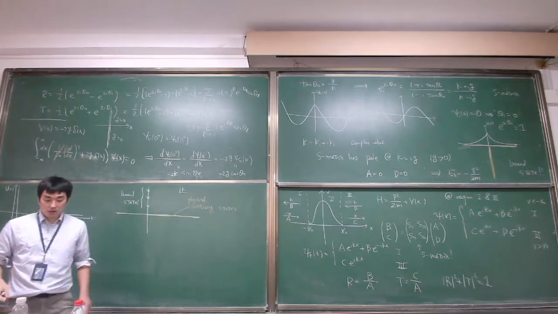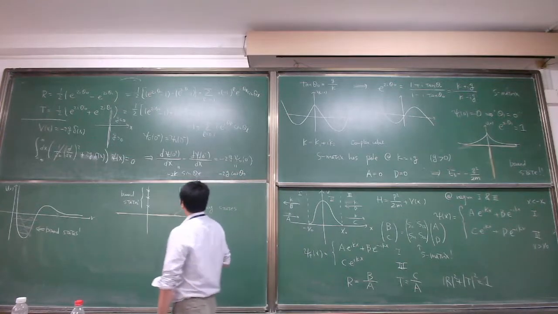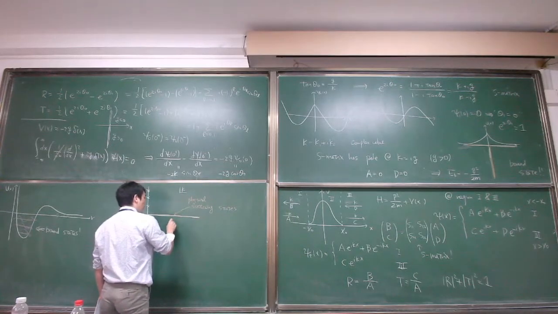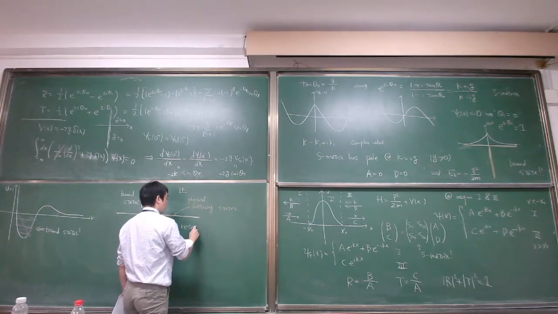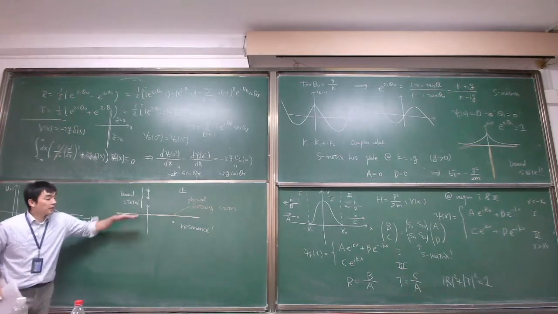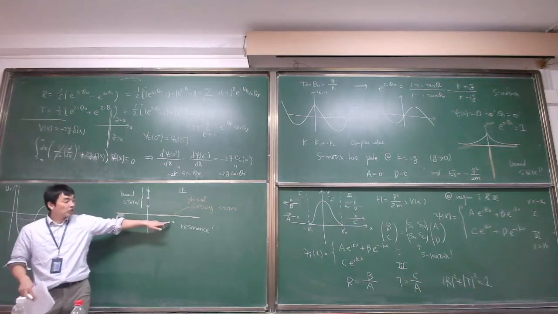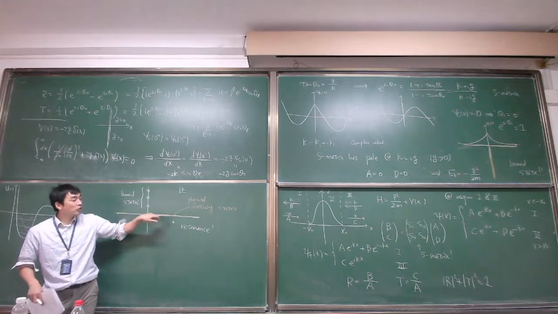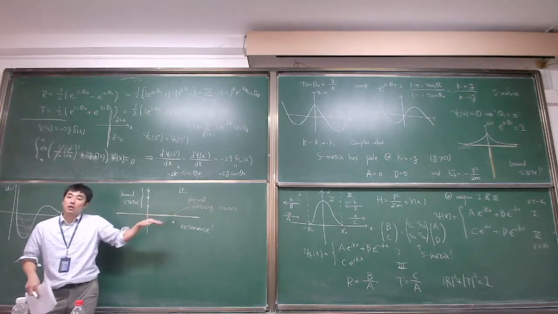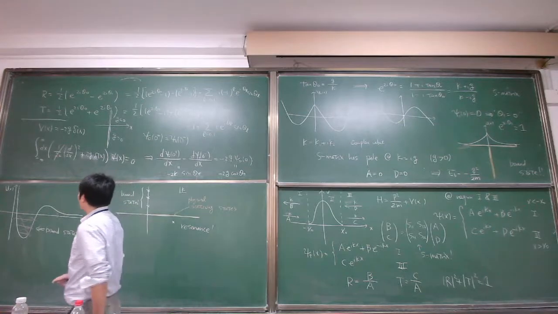This is the axis. But sometimes there are states that appear around here. That's called a resonance. It has a pole at a negative imaginary value and a non-trivial real number.